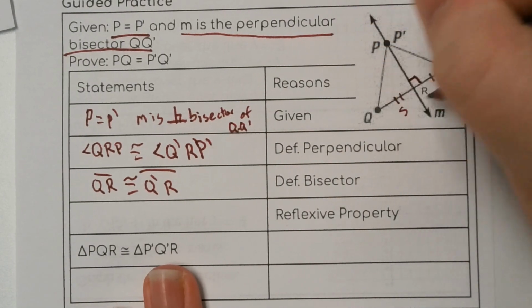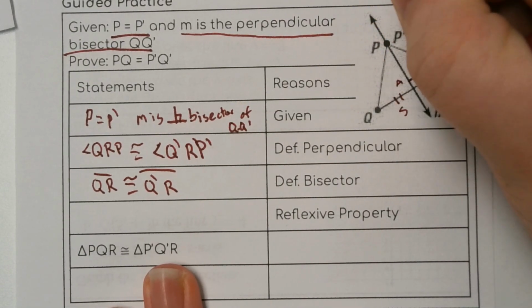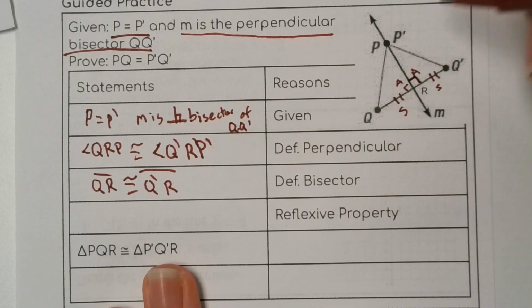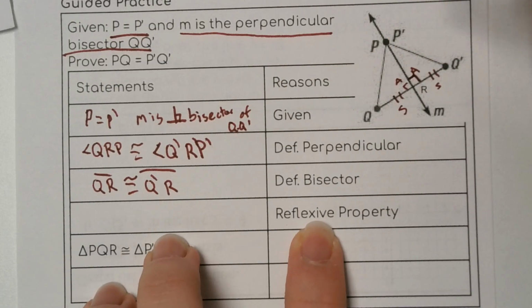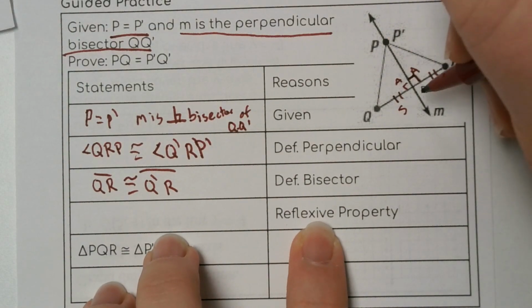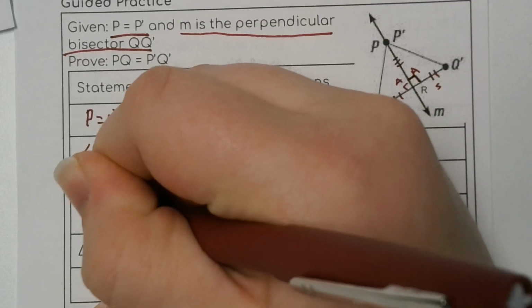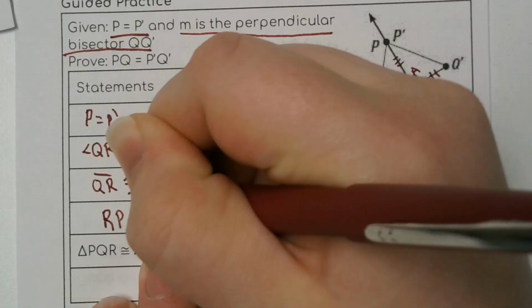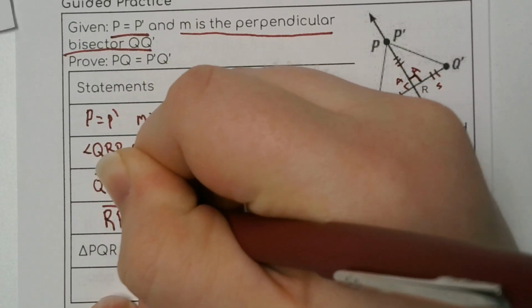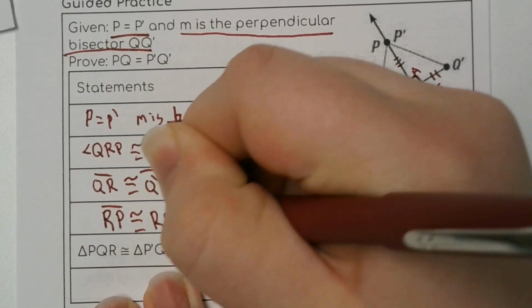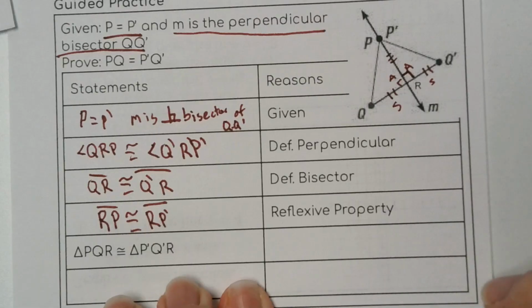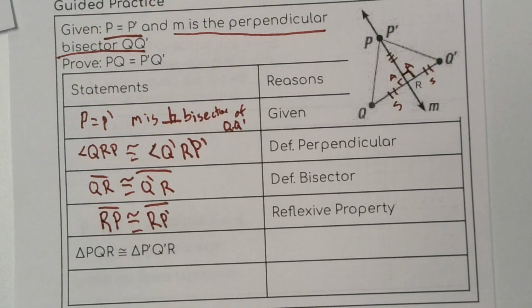So we have this pair of sides, this pair of angles, and then by the reflexive property, I can say that RP is congruent to RP prime, because it's that same line.